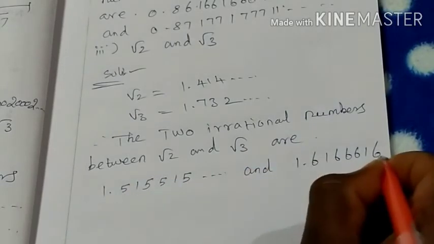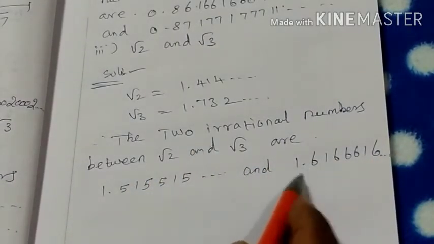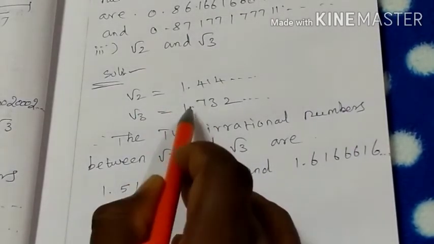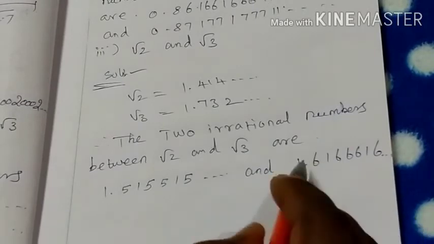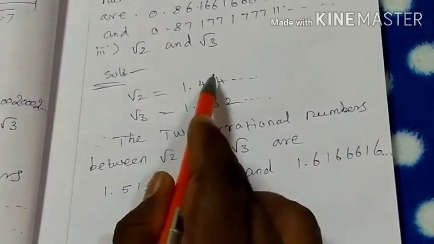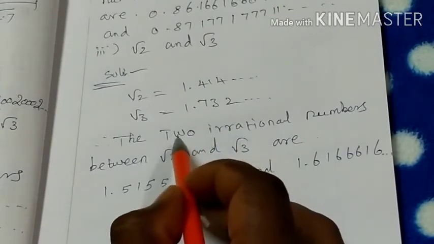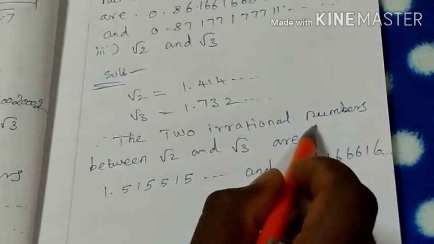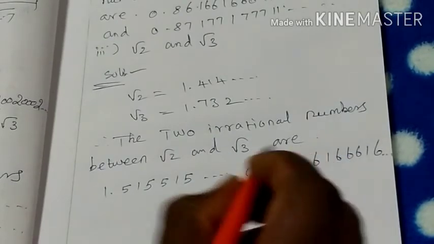In this way we get the answer. Between 1.4 and 1.7 you can write any two numbers. You have many numbers between two rational numbers, but the question wants two irrational numbers between the given two numbers. That's all for this question.